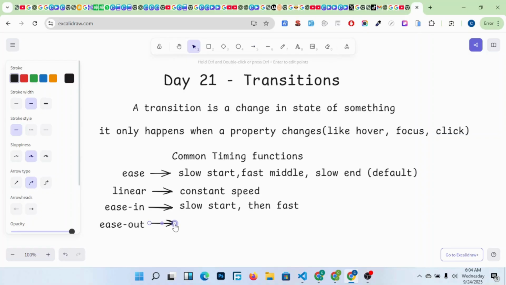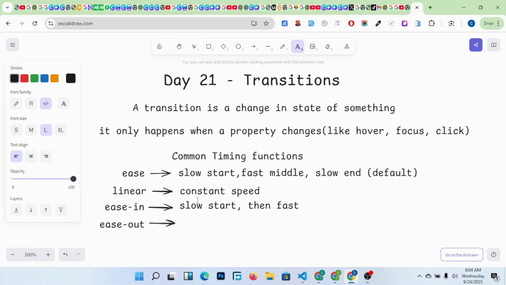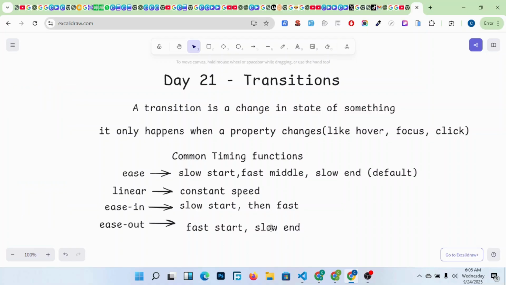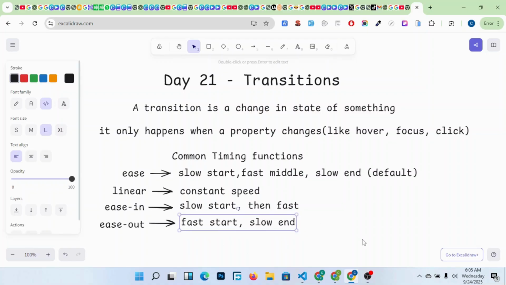It means that this one has a fast start and then a slow end. Okay. So you're going to use these things a lot.